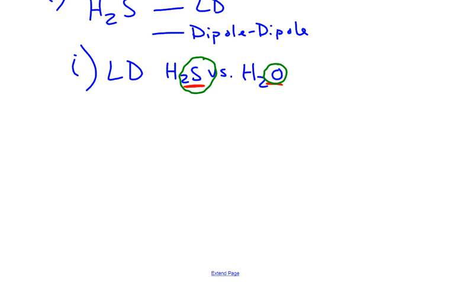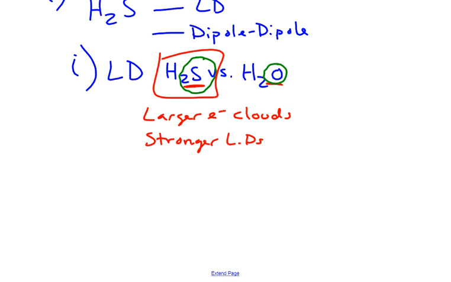The larger electron clouds. They're in the same group. They did this on purpose too. So there's one more energy level. So S is larger, so it has a larger London dispersion force.